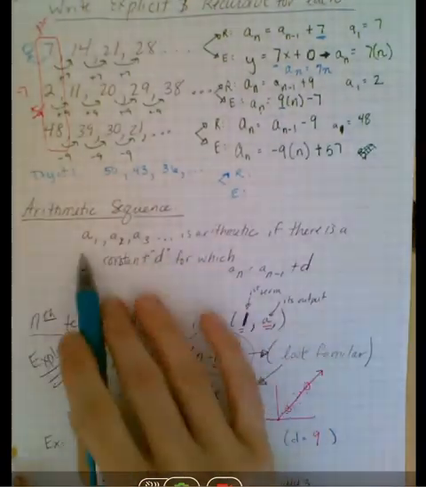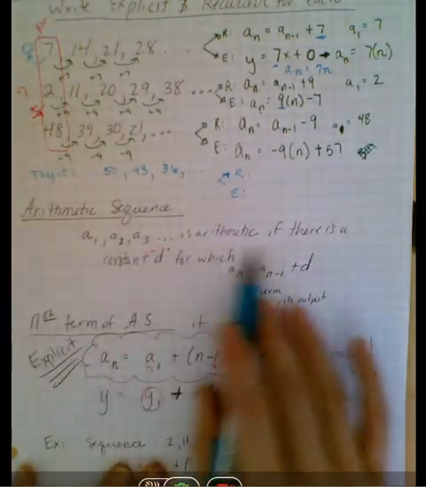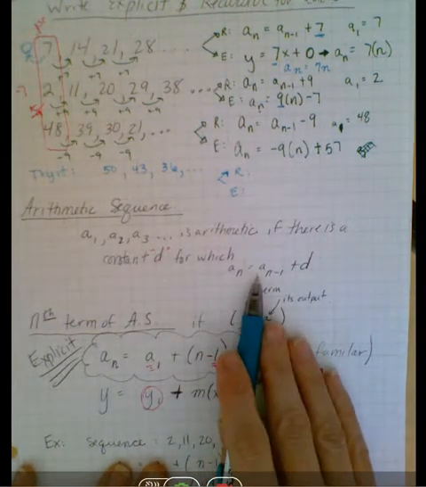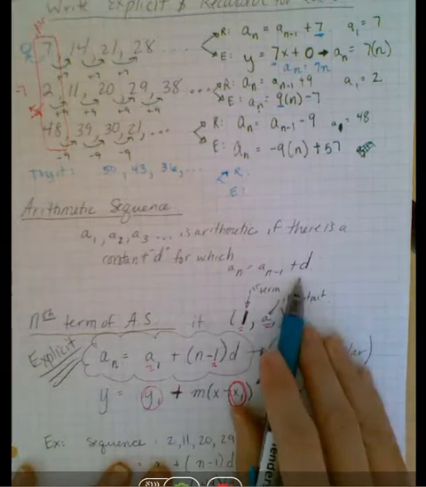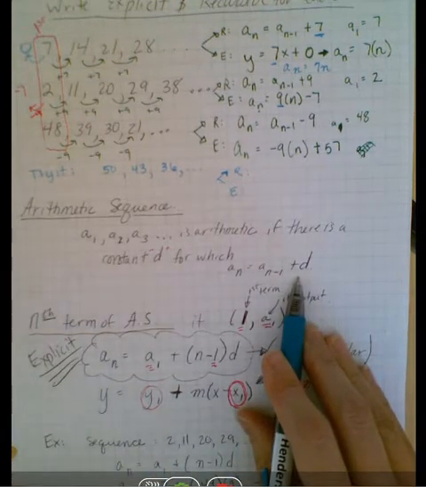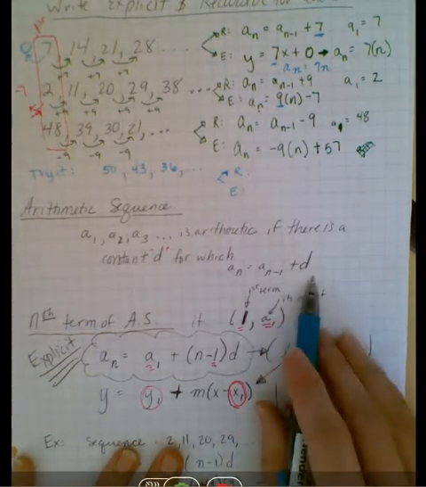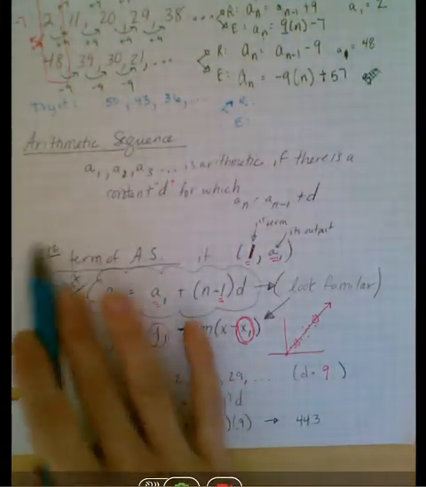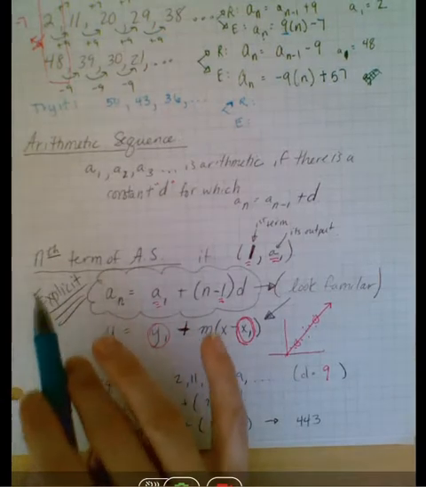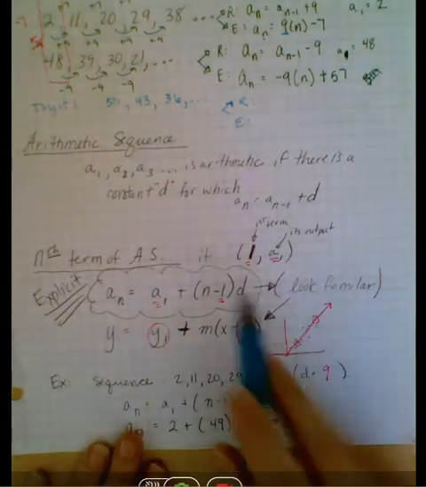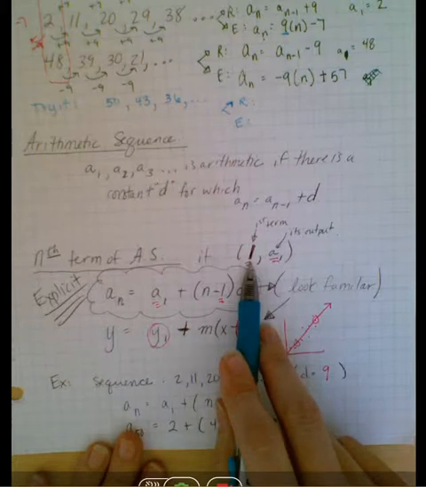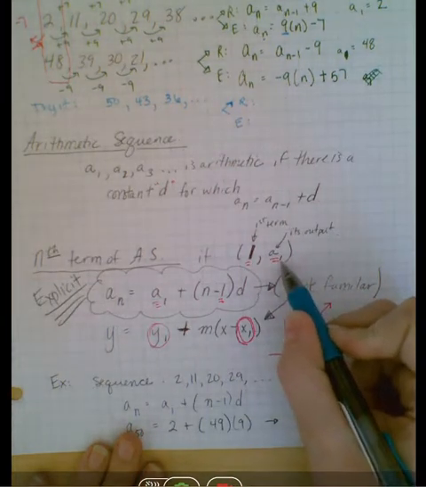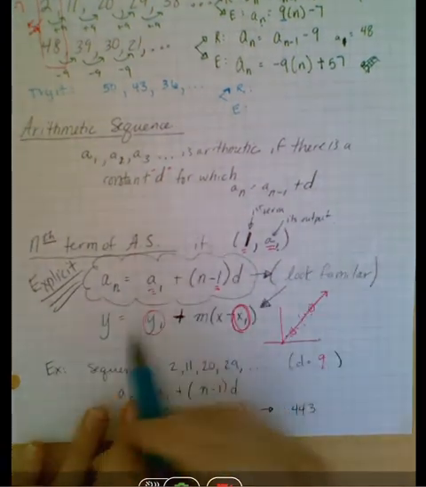Arithmetic sequence. It is arithmetic if there is a constant d for which the next term is found by taking the previous term and adding d to it, right? It's my constant additive difference. The nth term, or the term that I may be looking for, my explicit equation of an arithmetic sequence, given that my first term is a sub 1, its output can be written as follows.